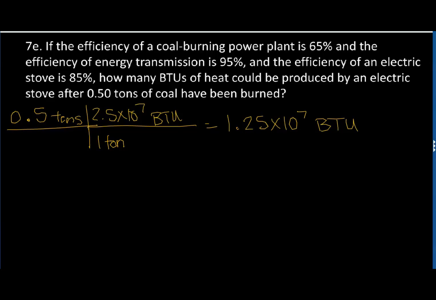The first thing is the power plant is going to take some of that efficiency, and it's only 65% efficient. So we have to multiply this by 0.65.